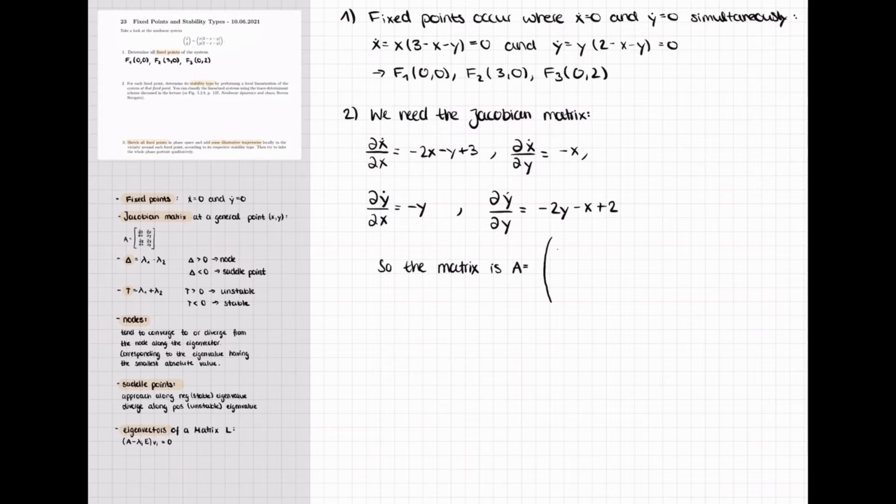Now that we have the Jacobian matrix for our system, we can begin to analyze the stability of the system. To get the stability types of all fixed points, we evaluate the matrix at these fixed points.